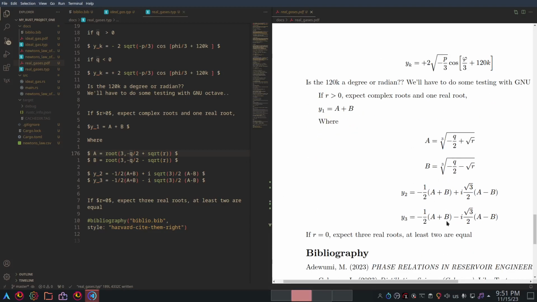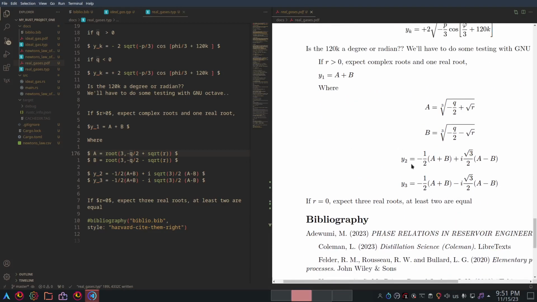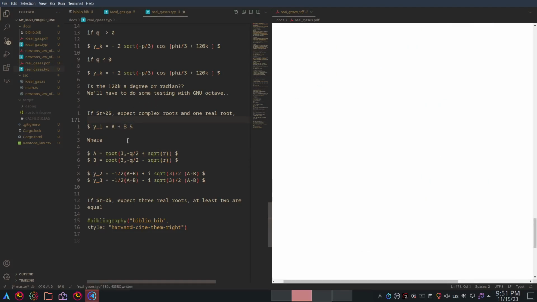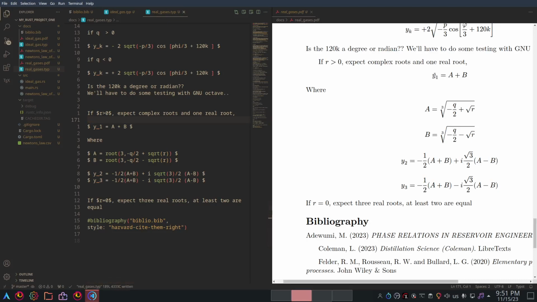So we can see that over here, based on this expression for 3 roots, let me put this in the center. Based on this expression for 3 roots, we have y1 equals a plus b, y2 equals this real part and this complex part. I here is a complex number, or the imaginary number, rather. Okay, so these are complex conjugates of each other.